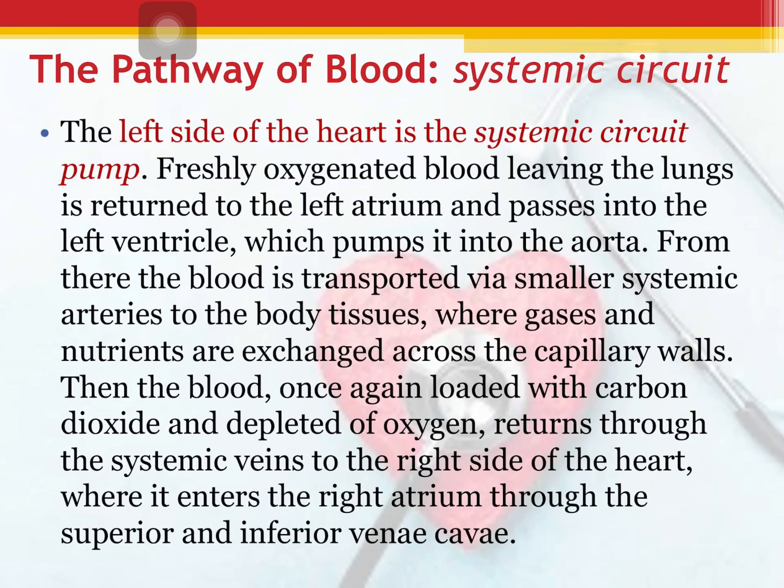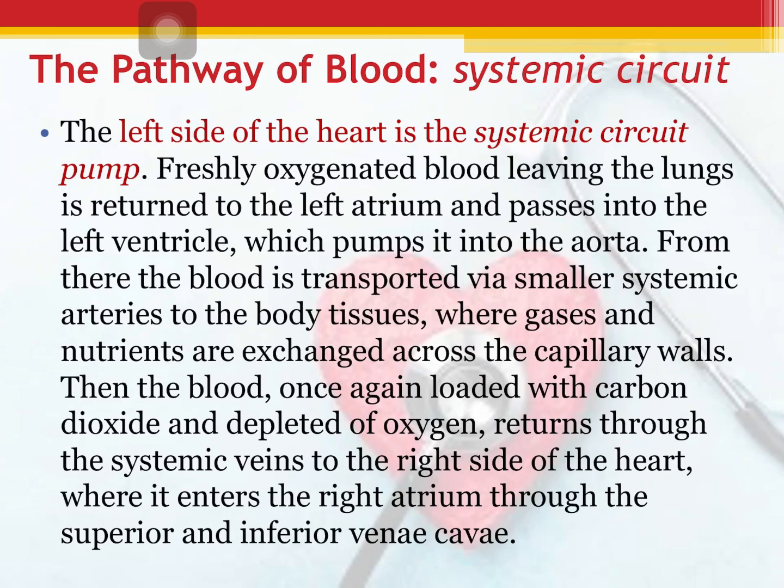On the other hand, the left side of the heart is the systemic circuit pump. The freshly oxygenated blood leaving the lungs is returned to the left atrium and passes into the left ventricle, which pumps it into the aorta. From there, the blood is transported via smaller systemic arteries to the body tissues, where gases and nutrients are exchanged across the capillary walls.